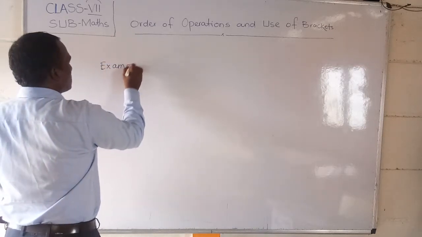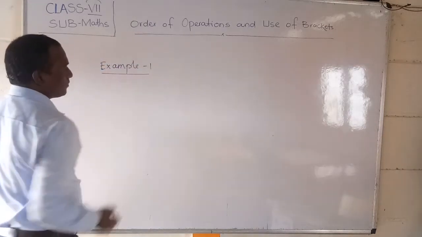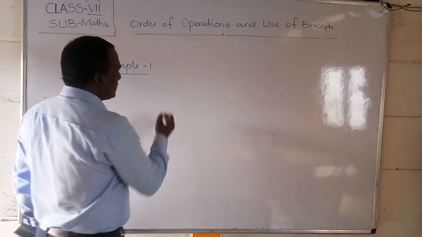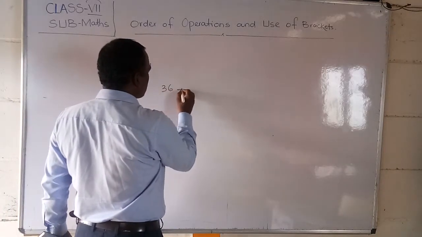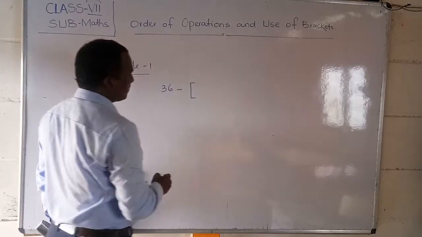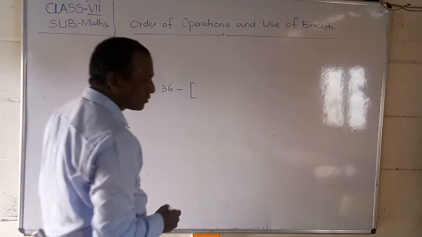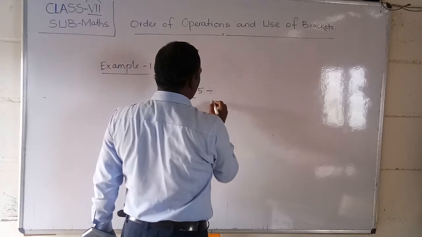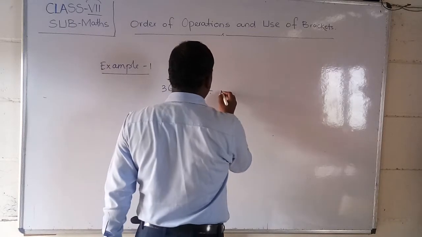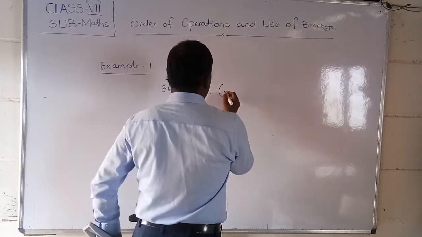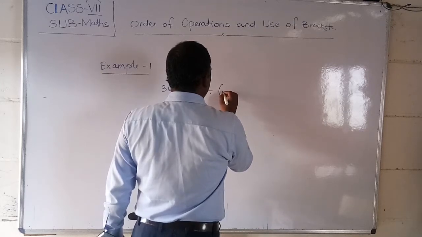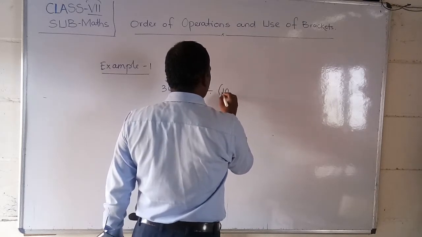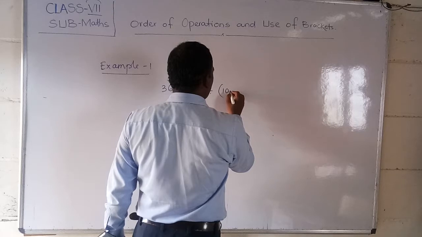We can take one example, friends. 36 minus, bracket start, 5 divided by... 10 minus 5.